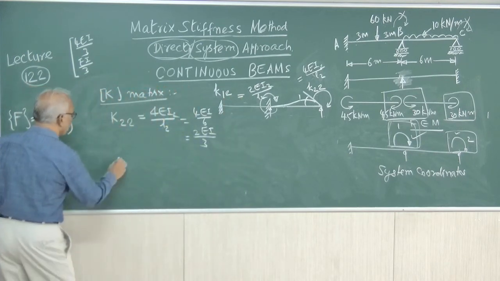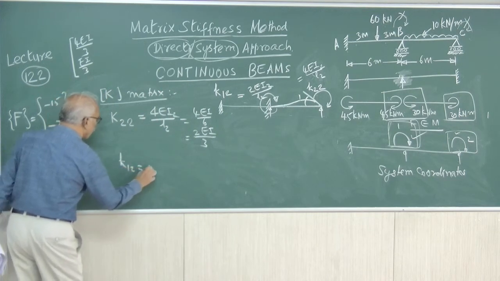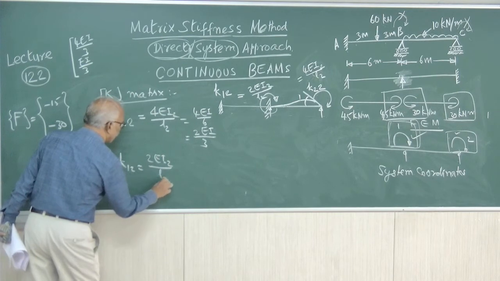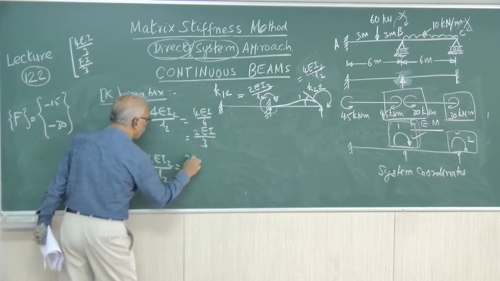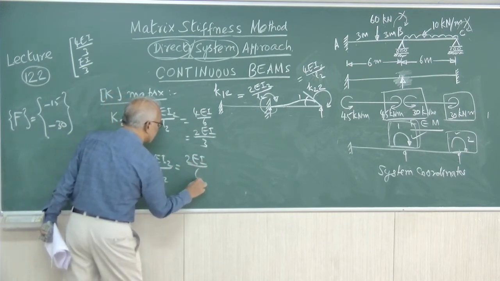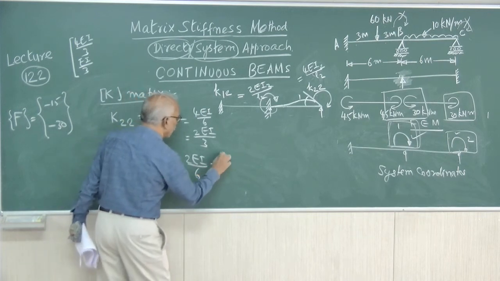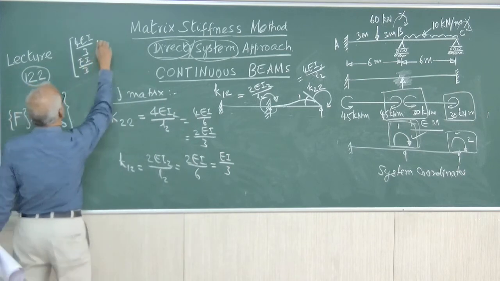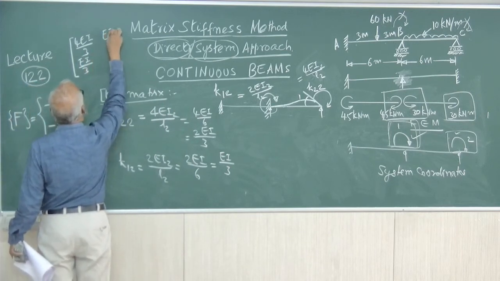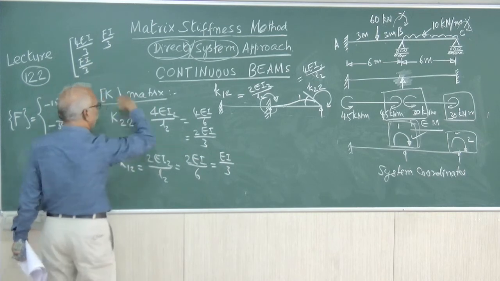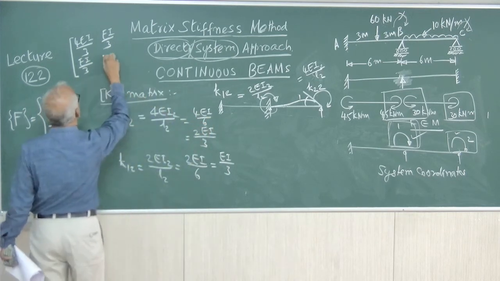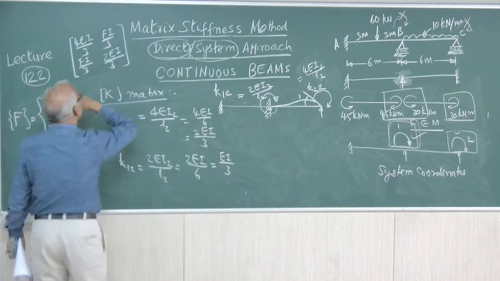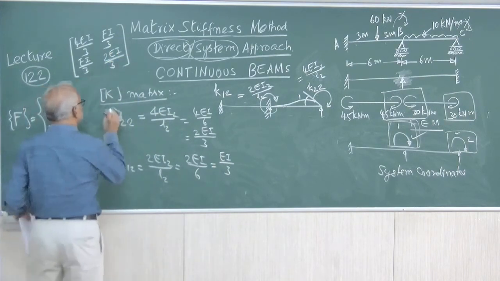So K12 equal to 2EI by 6 equal to EI by 3. Therefore, this value equals EI by 3 and this value equals 2EI by 3. So that is the stiffness matrix for the structure.